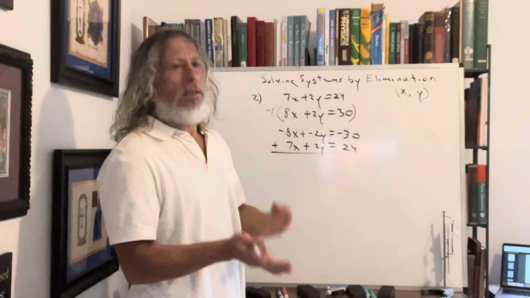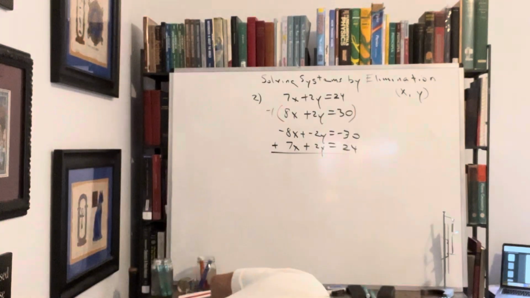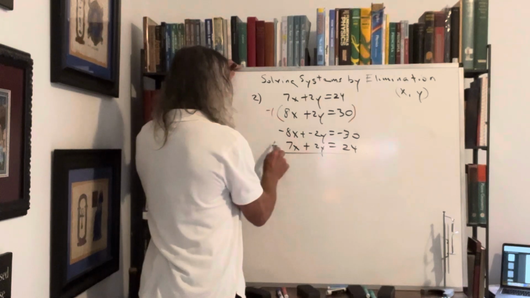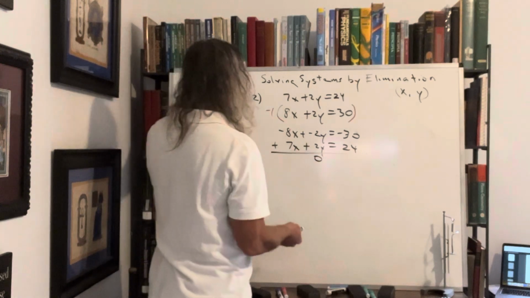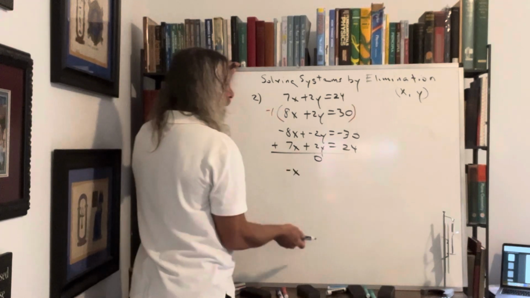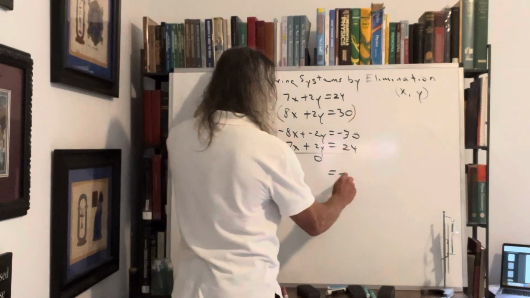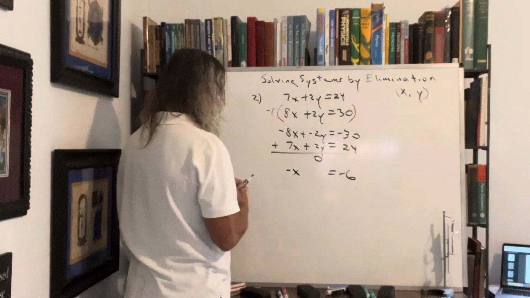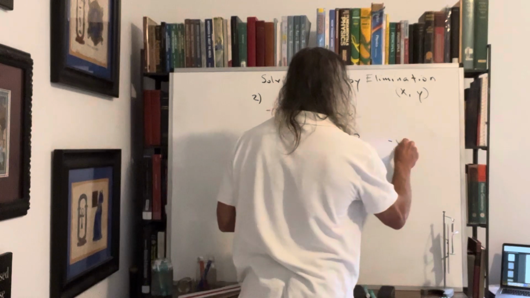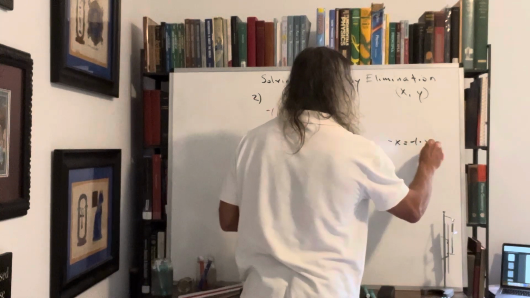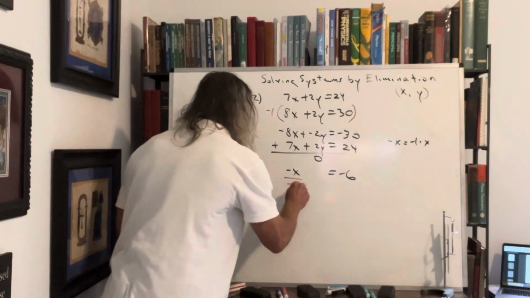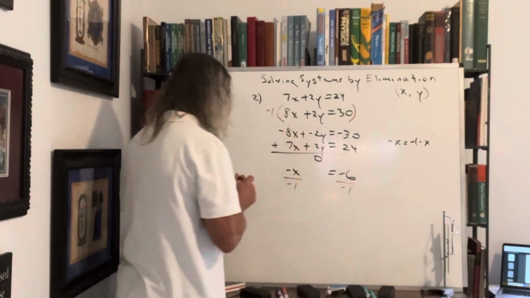We're going to squash them together, combine them, make one equation. Notice a number plus its opposite is 0, it's gone. -8 plus 7, -1x, equals -6. This is like -1 times x. So we can divide by -1 or multiply. X is 6.